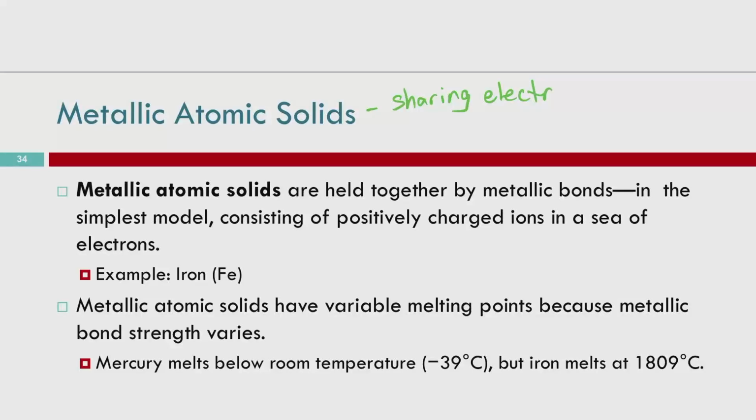Our metallic atomic solids are the peace and love category. They're just kind of freely sharing their electrons with all the other metal atoms that are near them. And the bond strength varies wildly.